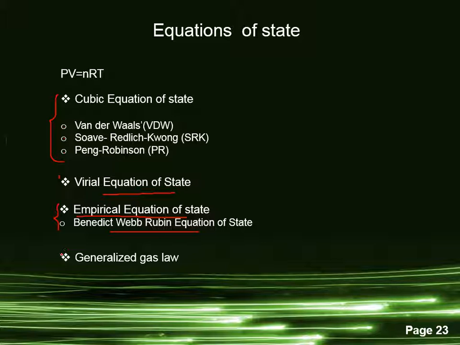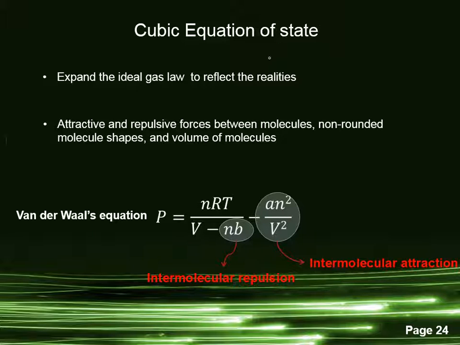And finally we have the generalized gas law, which is another attempt to generalize the ideal gas law for non-ideal gases. The cubic equations of state are probably the ones most often used in simulation software. Cubic equations of state expand the ideal gas law to reflect the realities of why real substances are not ideal gases.